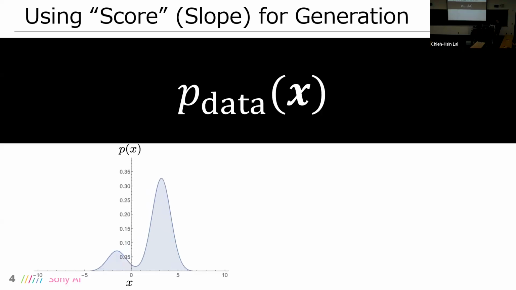With a deep generative model, we want to use a neural network to learn to model a complicated data distribution. It could be an image, an audio data, or whatever data. So the task of a deep generative model is to use a neural network to learn this data distribution.